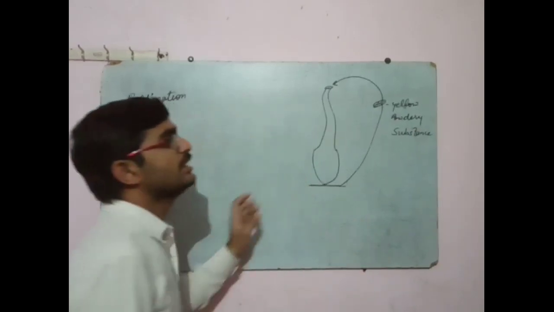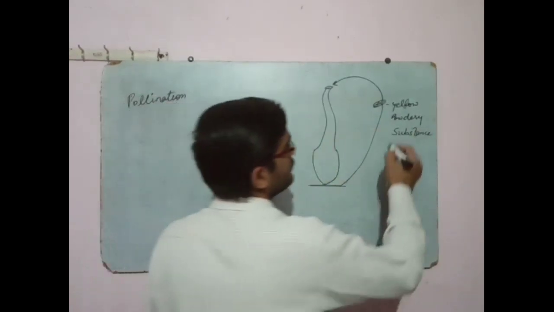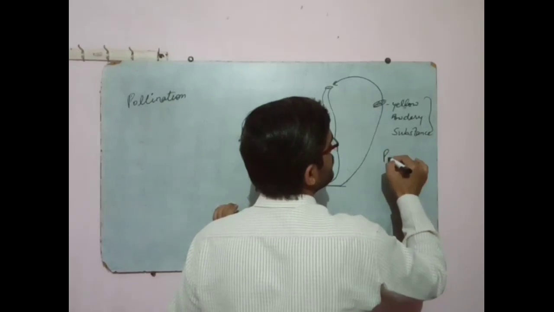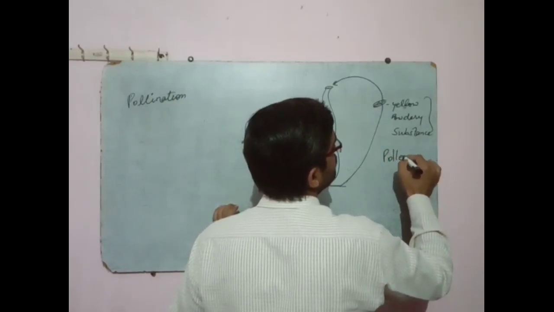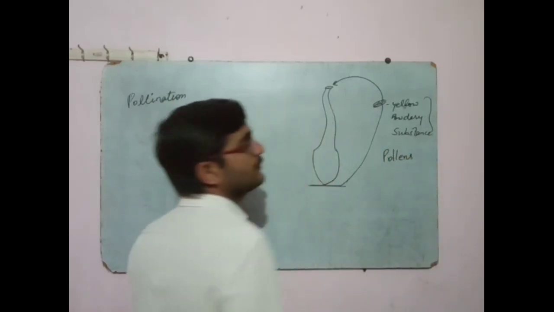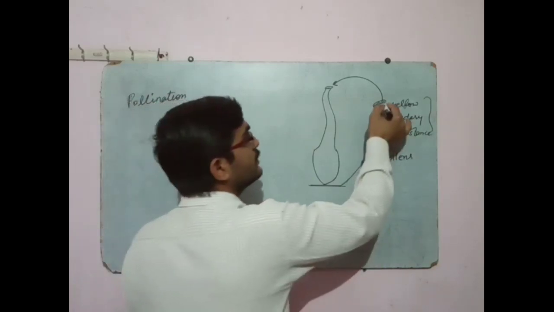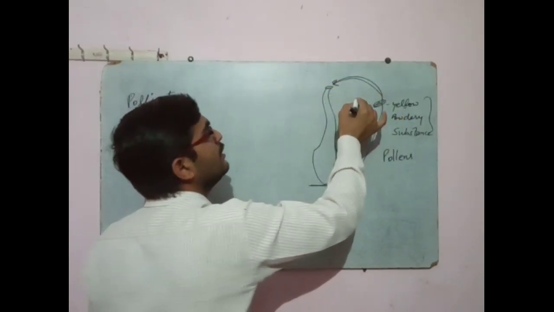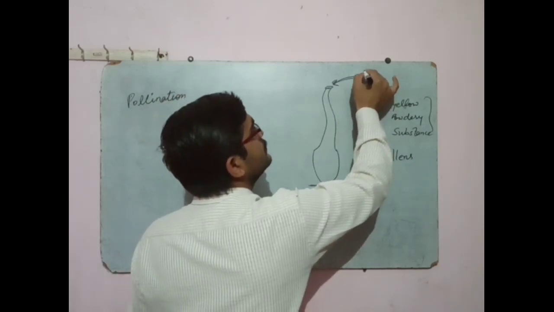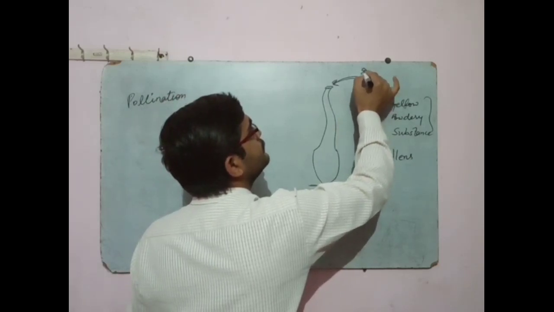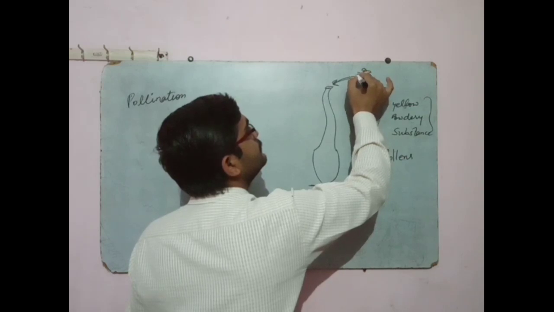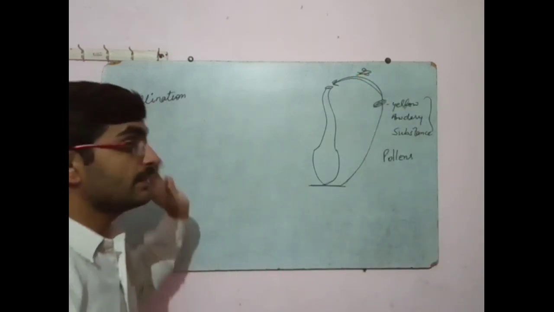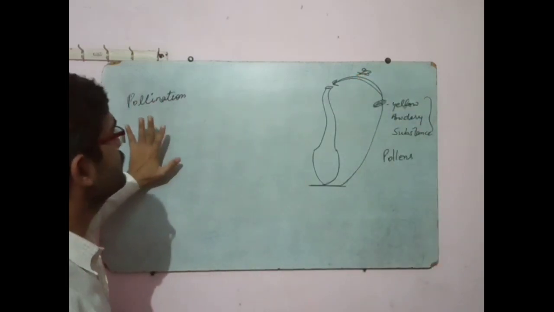These are called pollens, or we can say pollen grains. Clear? These pollen grains are transferred from anther to stigma with the help of any insect. This process is called pollination.